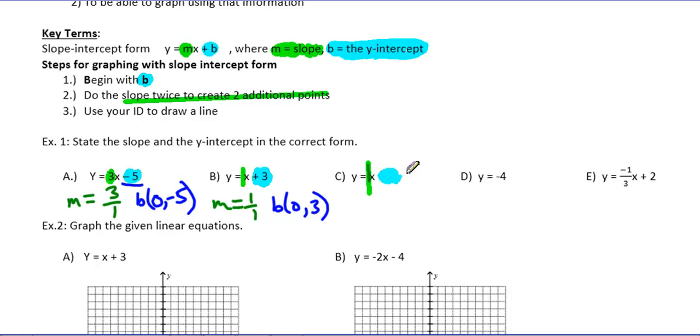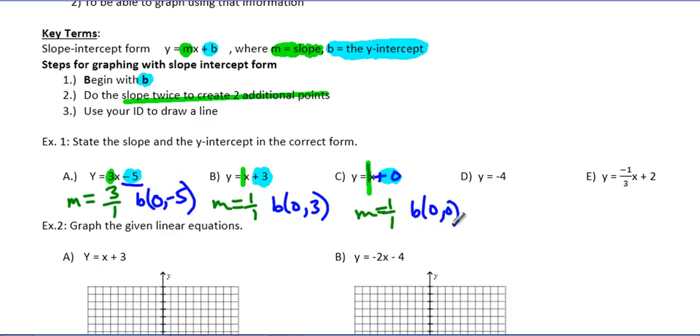When there's nothing over there, our number for that is going to be 0. So this is the same as saying plus 0. With that being said, my slope, once again, is 1 over 1, and my y-intercept this time is going to be (0, 0).